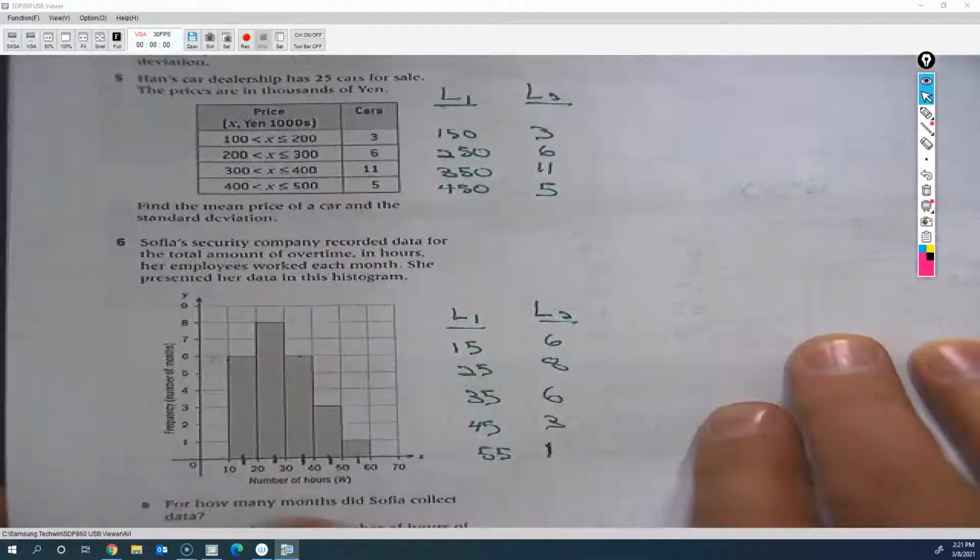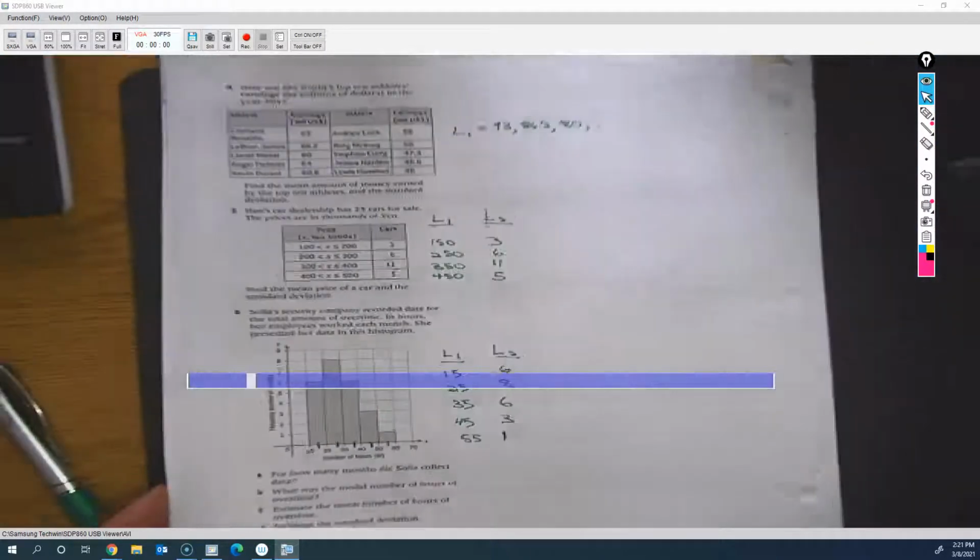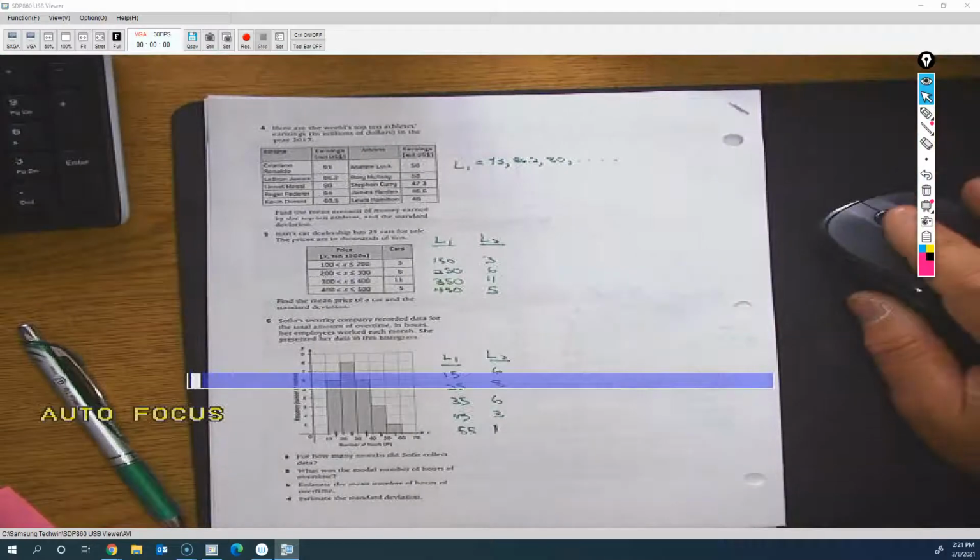So there's all your lists that you need. Okay. Now you just gotta type them in and hit calculate.